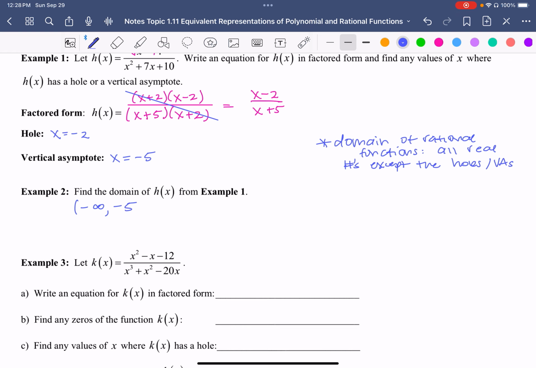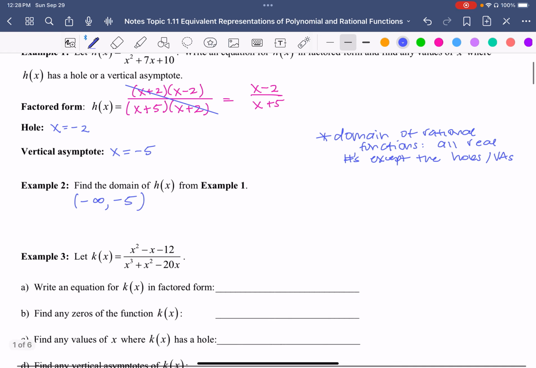Now, we don't ever touch vertical asymptotes, so don't ever use a bracket for those. That's always going to be parentheses. Union, whatever you stop with, you're going to start the next interval with. So we're going to start again at negative 5, and then there's a hole at negative 2. Holes are also undefined, so you're also going to use parentheses.